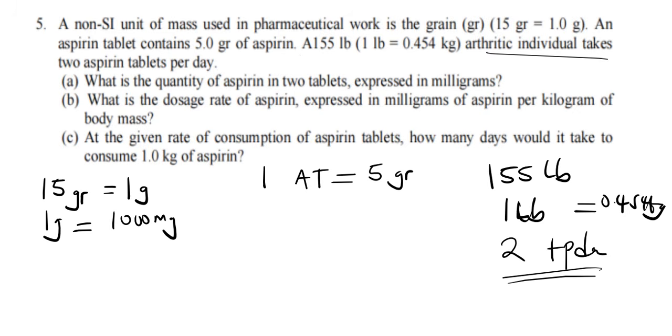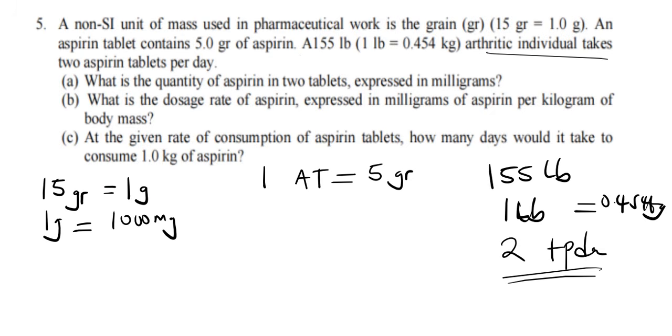What is the quantity of aspirin in 2 tablets? We're supposed to convert what we have in grains to grams. We've got 15 grains, and that is equal to 1 gram. So in this case, what are we going to do?